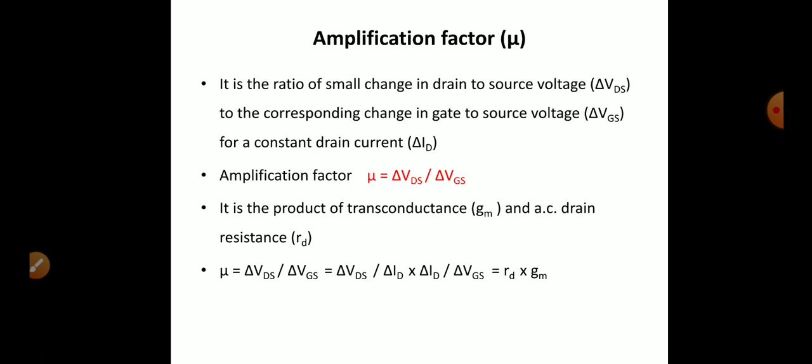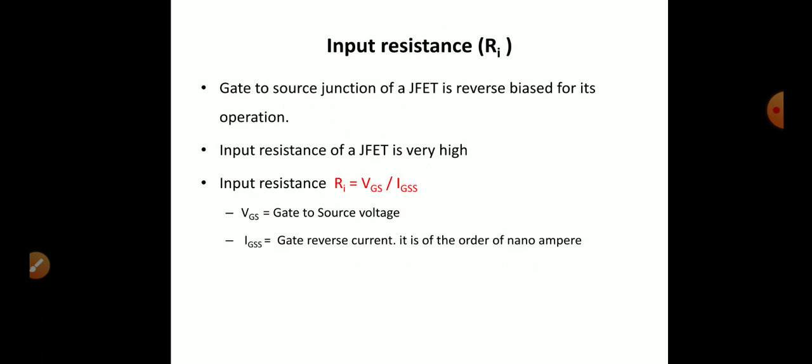Here we can cancel delta ID and delta ID. Then we get delta VDS by delta VGS. So, amplification factor mu equal to delta VDS by delta VGS. That means it can be defined as a ratio of small change in drain to source voltage to the corresponding change in gate to source voltage for a constant drain current.